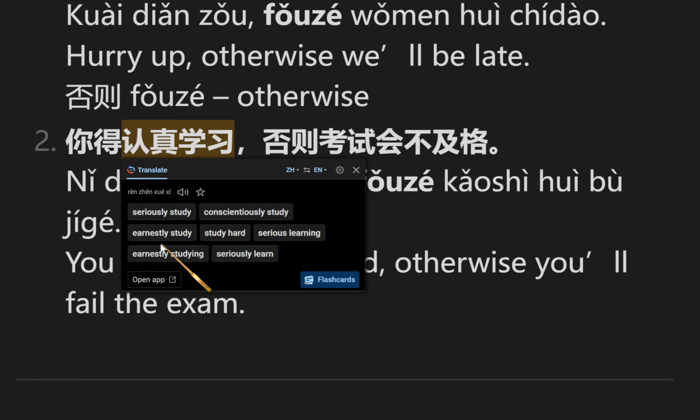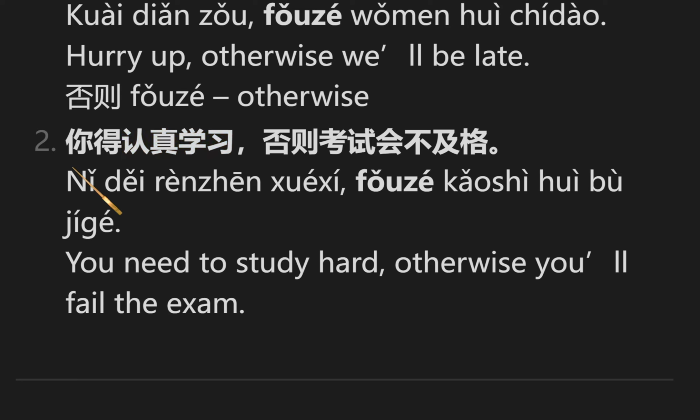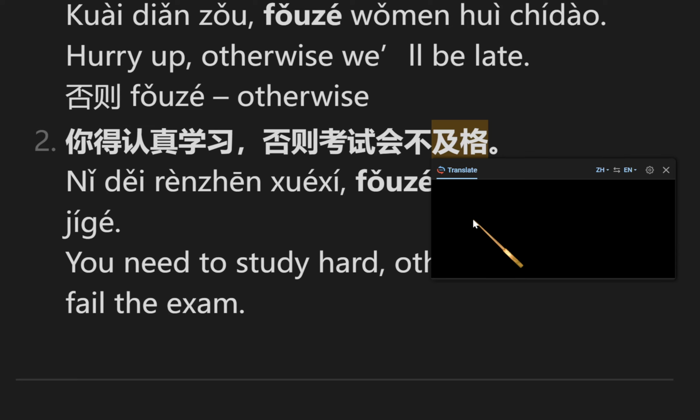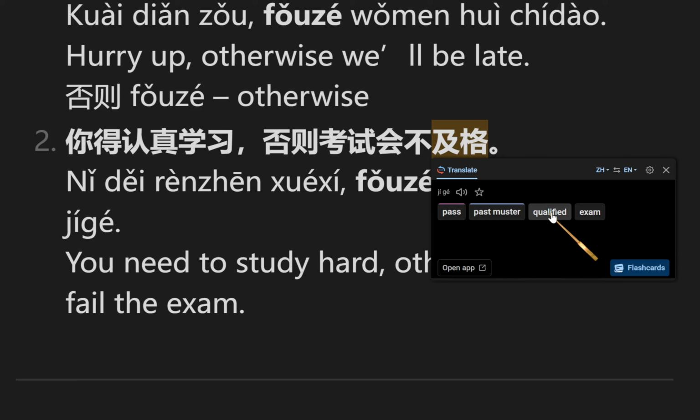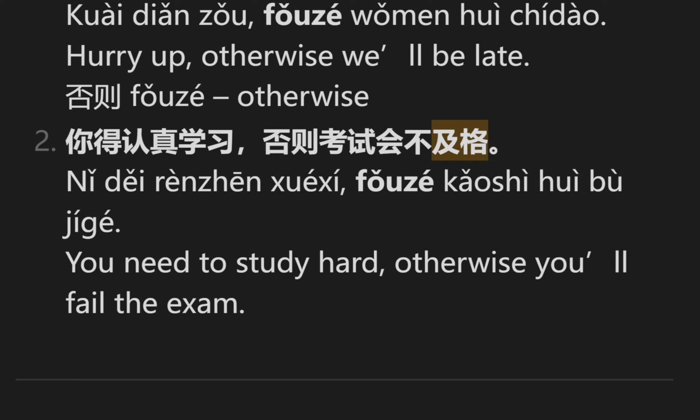Conscientiously study, earnestly study, seriously, right? 你得认真学习，否则 otherwise 考试会 or exam 考试会 will be not 会不及格, it's qualified or pass or exam pass.